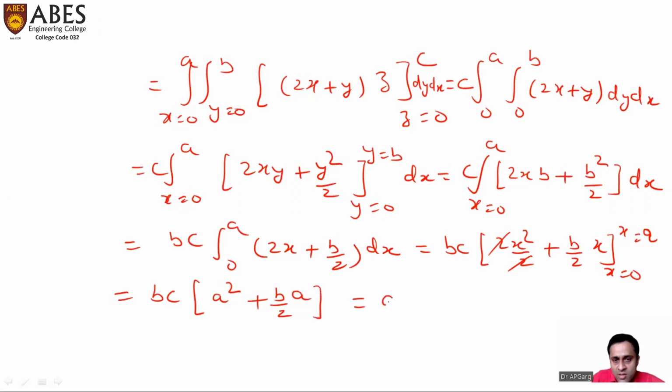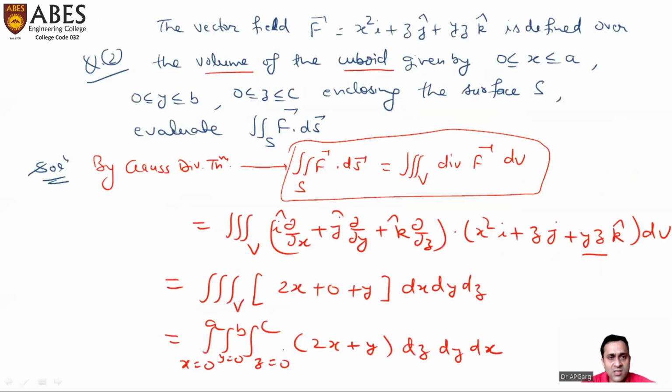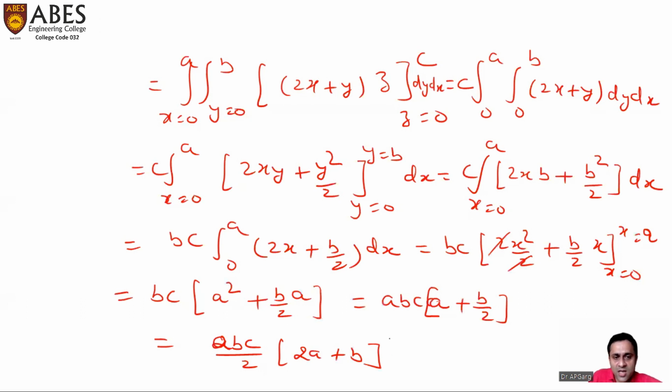Again, a is common, b and c already outside, and this is a plus b by 2. We can also write abc by 2 into 2a plus b. So we have asked the value of this double integral, and its value is abc by 2 into 2a plus b.